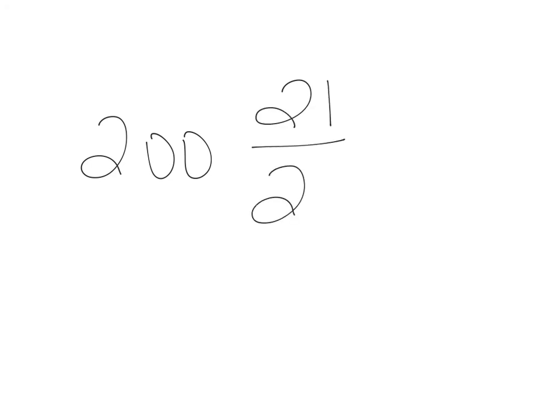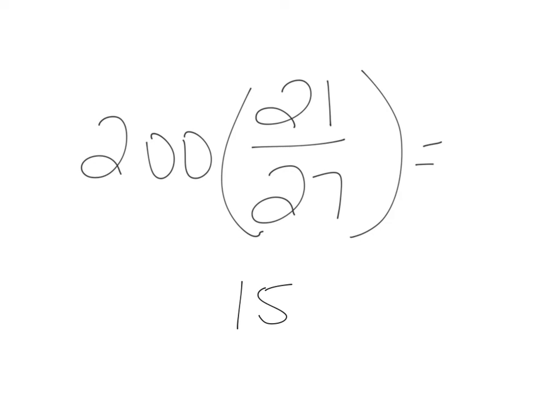So if you do your math correctly, it'll be 200 students as the original population size, and then the probability of having a C or better is 21 over 27. If you do your math, you will see that approximately 155 of the 200 students have a C or better in the class, and that's because we are all awesome.